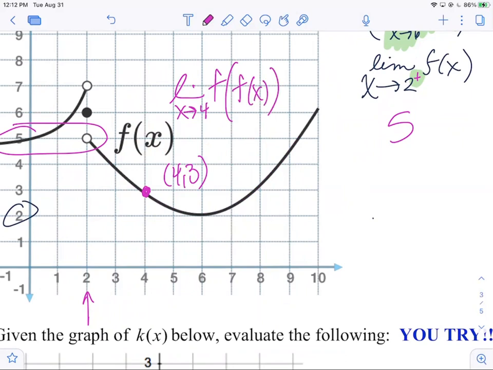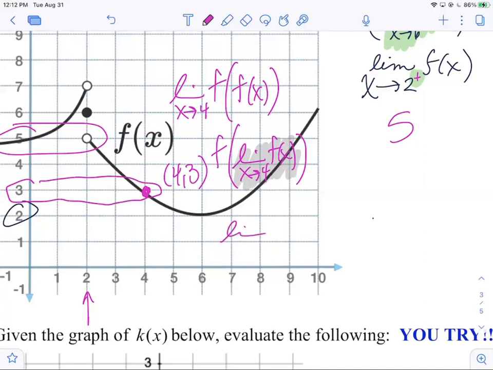Well, you would take it to the inside, f of the limit as x goes to 4 of f of x, and we evaluate this first. It's a general limit at 4, isn't it? So we approach 4, and as we approach 4, the y value is approaching 3. So we know the next input is going to be 3 on the next iteration.